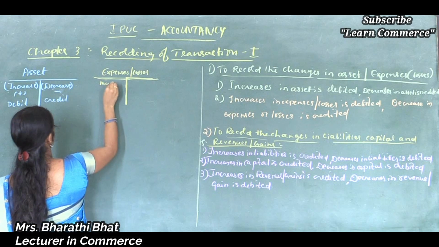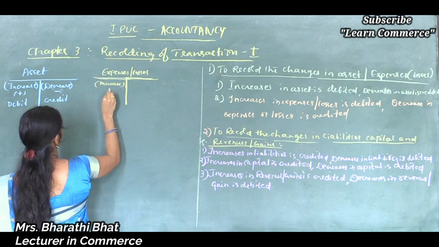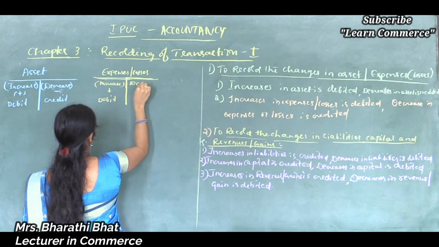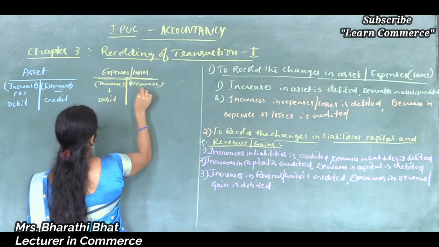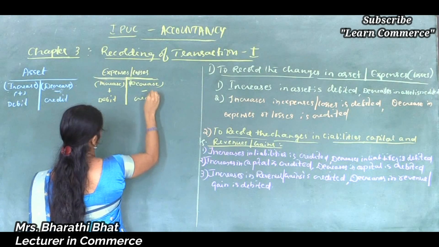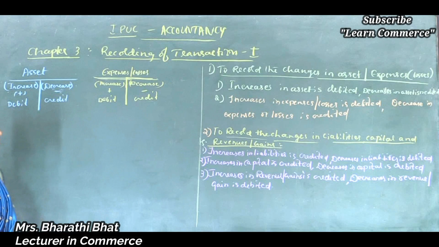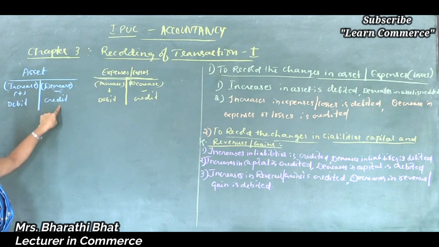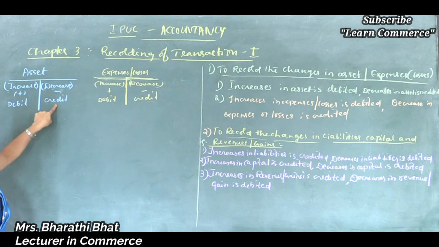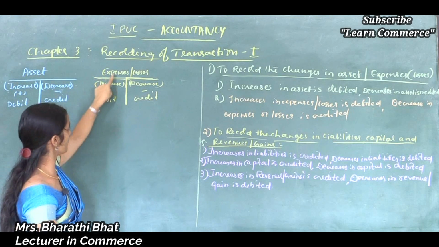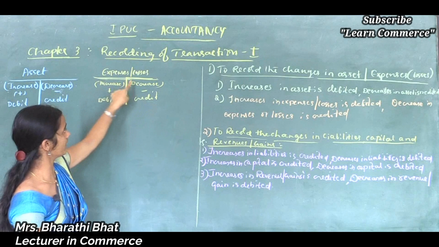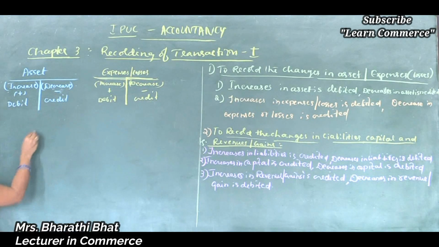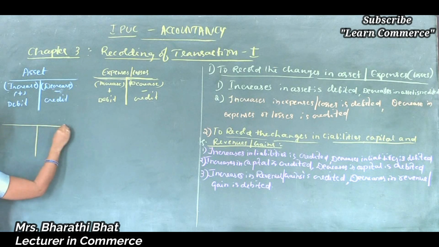Increase means plus, debit, and decrease, minus, credit. So increases in asset is to be debited, decreases in asset is to be credited, increases in expenses or losses is to be debited, decreases in expenses or losses is to be credited. Let's see the next in the T format.